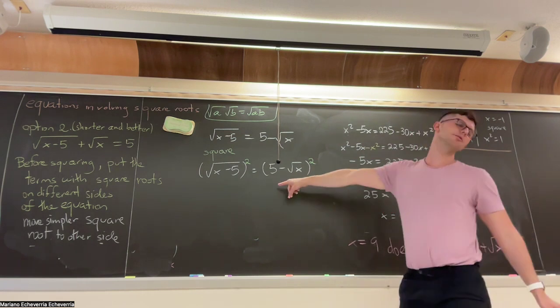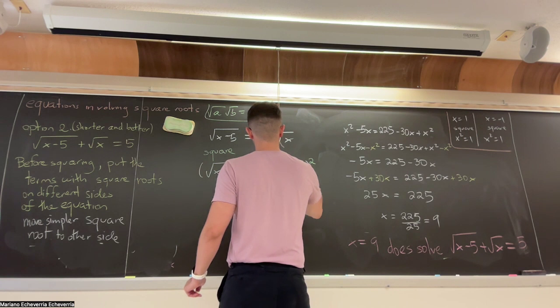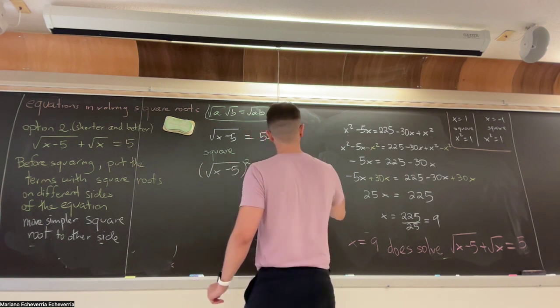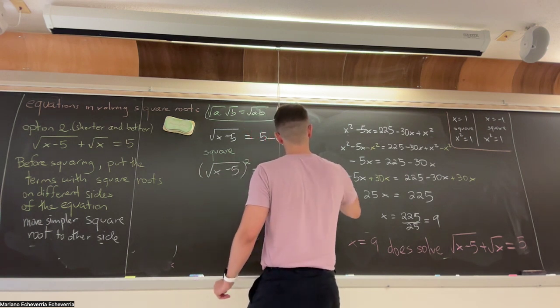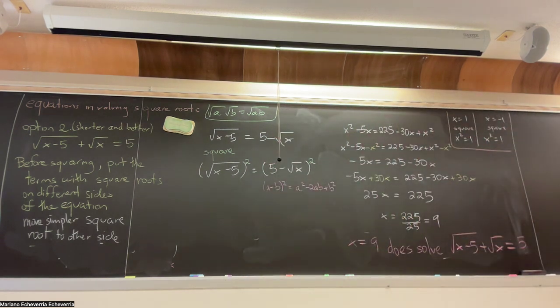And again, for this one, we do need the formula for a minus b squared. I'll put it here. Put it one more time. So there it is.